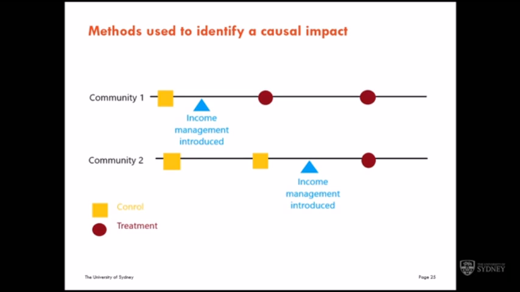So then you can compare a second community, which didn't get it yet initially, so let's say September 2007, and hasn't gotten it in October yet. So now you can compare kids during this time with kids here, or you can compare kids here with kids in this community, or kids here with this community.